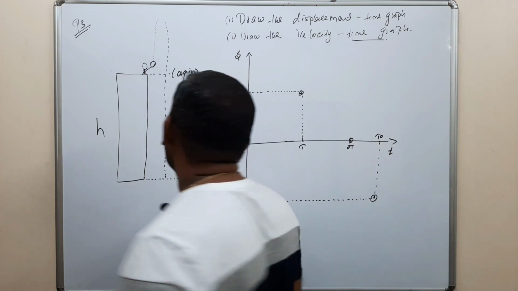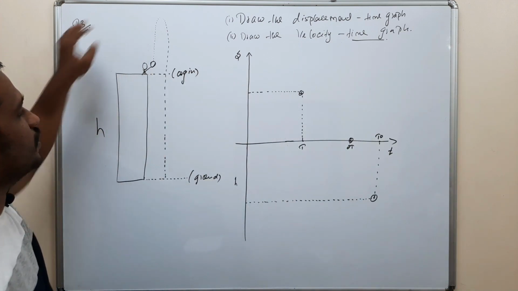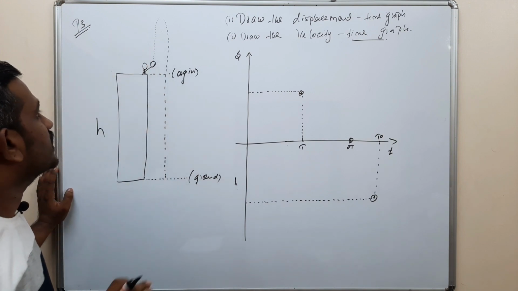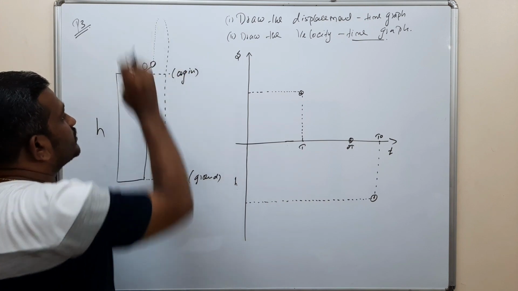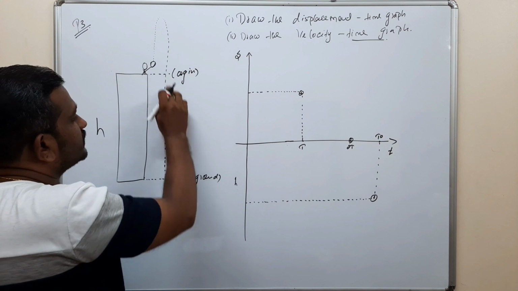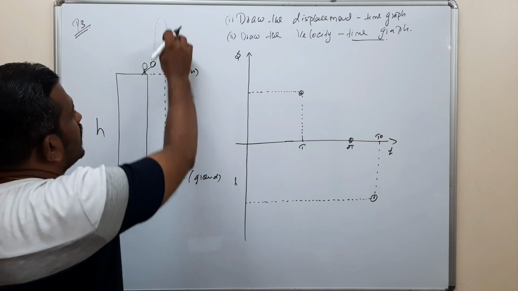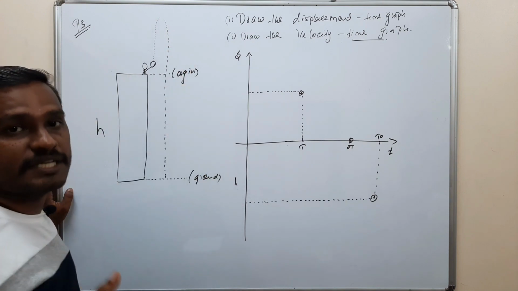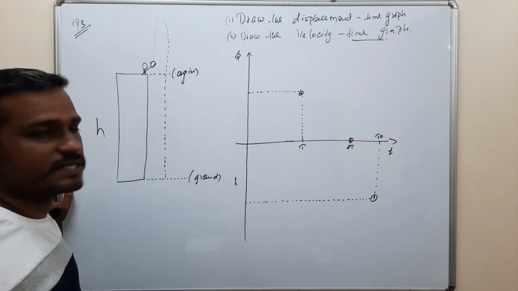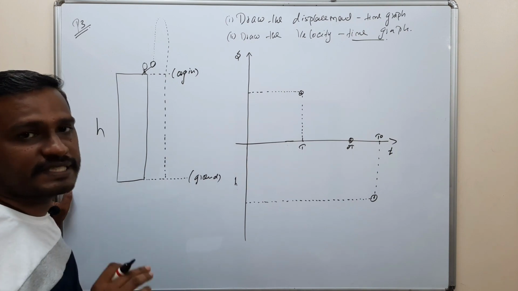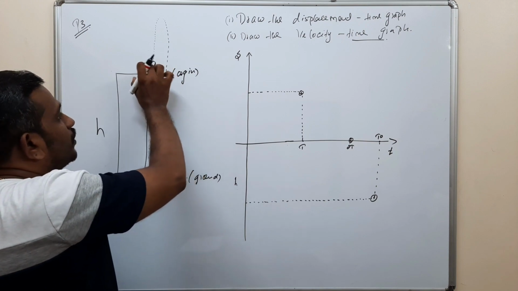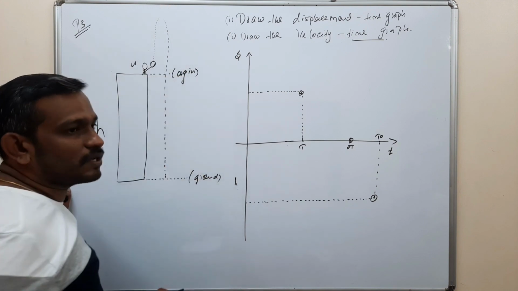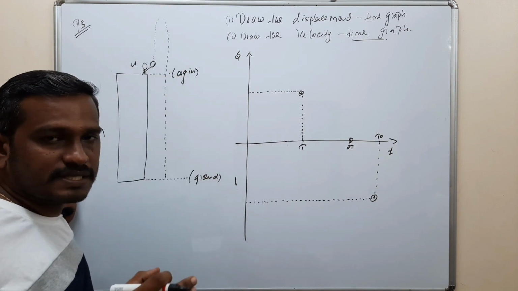So we have to consider the velocity of motion also. When a ball is projected with a certain velocity u, as the ball goes upwards, the velocity decreases continuously.